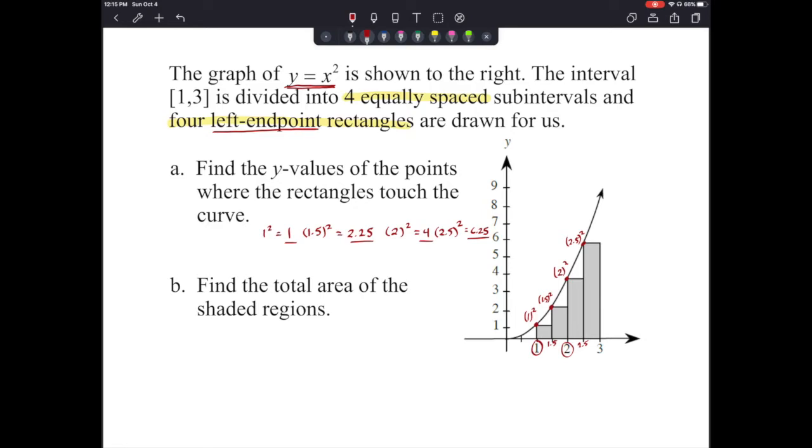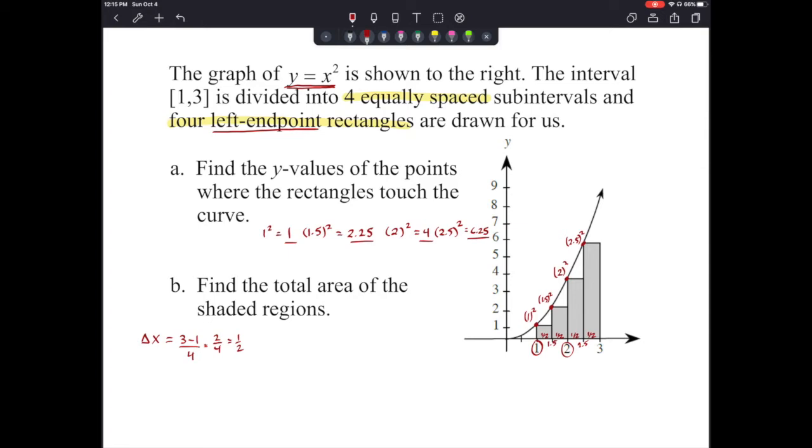Now to find the total area of the shaded region, each of these rectangles has a base of 1/2, and we could calculate that if we need to. Remember, our interval goes from 1 to 3, so we would say 3 minus 1 and then divided by the 4 would give us 2/4, which equals 1/2. That's how we know that the base of each of those is 1/2.